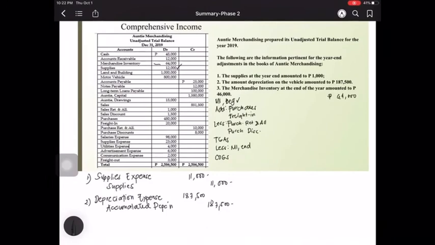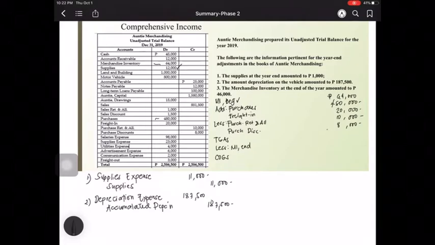Alright, and then we have here your purchases. How much is our total purchases for the year? We have a total of 480,000. How about freight in? We have a freight in amounting to 20,000 pesos. Okay, do we have purchase returns? Yes, for the amount of 10,000 pesos. We also have here the amount of 8,000 as our purchase discounts.